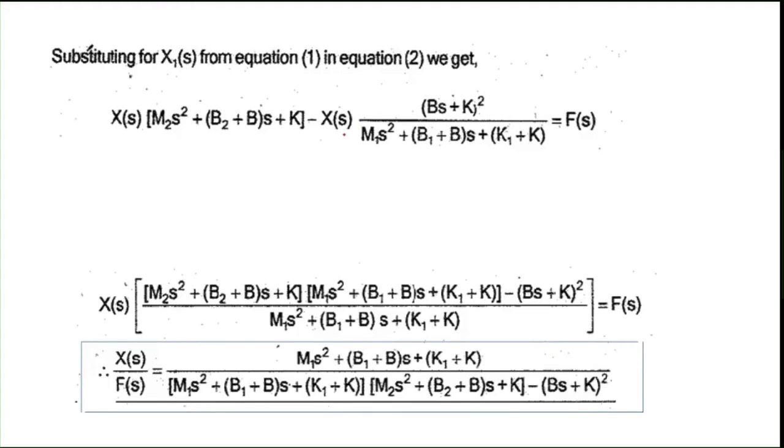Now take x of s common from here and here. What will we get? m2s square, this term minus this term.